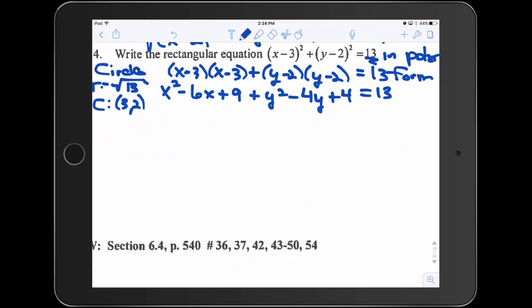Now you can, again, think of trig identities here and put together things that you would want to put together. I want to put the x squared with the y squared because that can be substituted with r squared. Then we have minus 6x, minus 4y, and my constants I'm going to move to the other side.